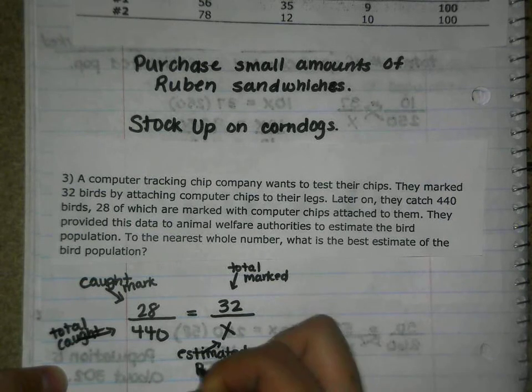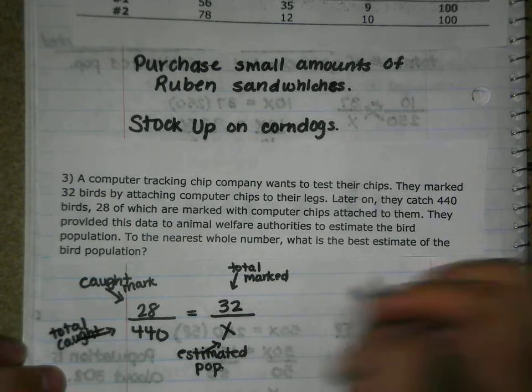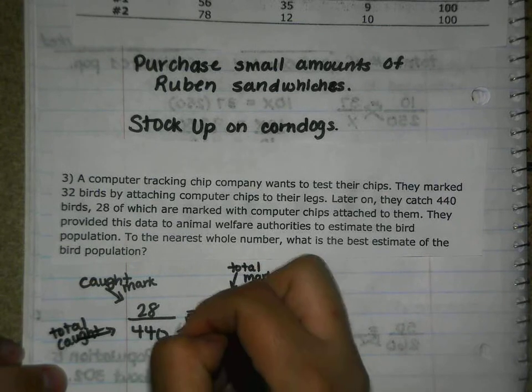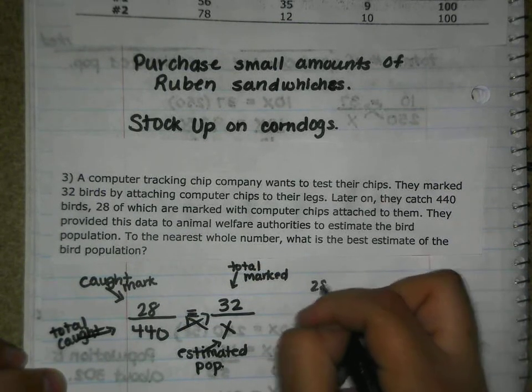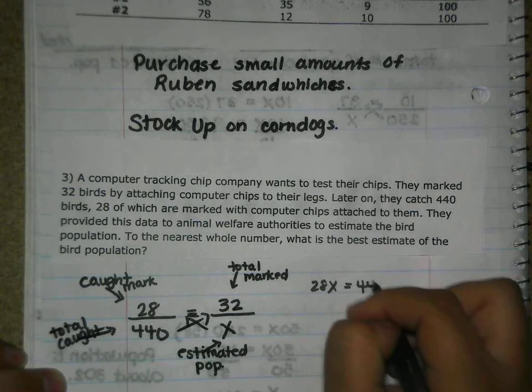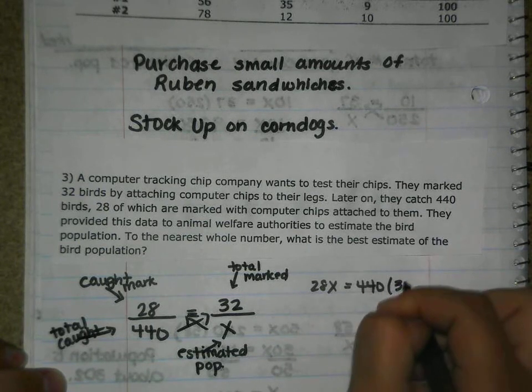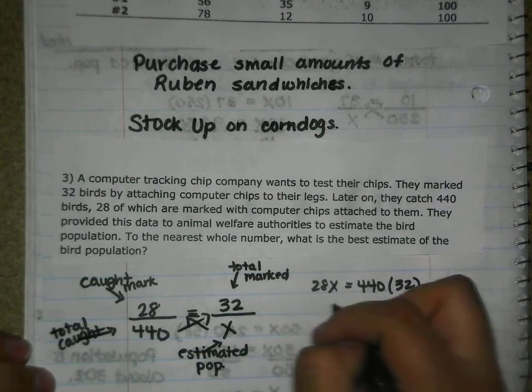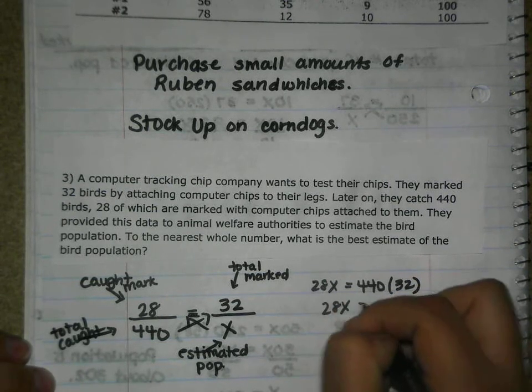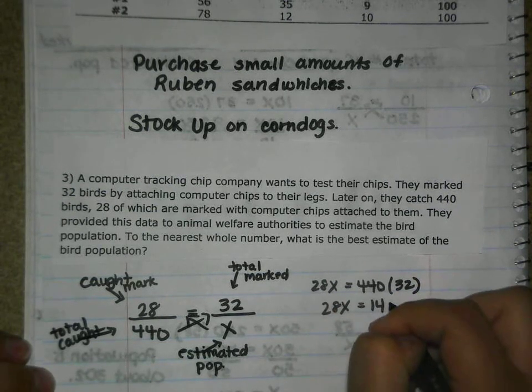So estimated population. We're going to go ahead and cross multiply, which is going to give us 28x equal to 440 times 32. So 440 times 32 is 14,080. So we have 28x equal to 14,080.